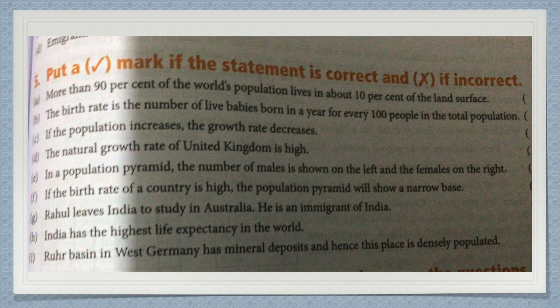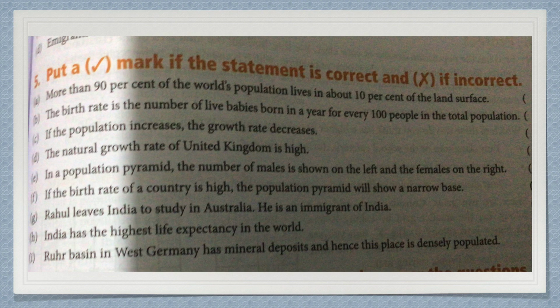E. In a population pyramid, the number of males is shown on the left and females on the right. And the answer is right. F. If the birth rate of a country is high, the population pyramid will show a narrow base. And the answer is wrong. Number G. Rahul leaves India to study in Australia.